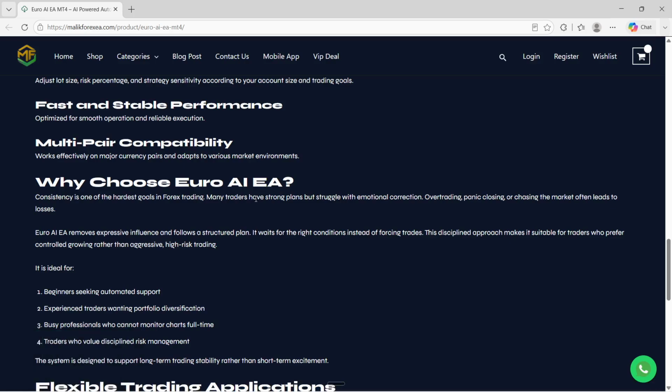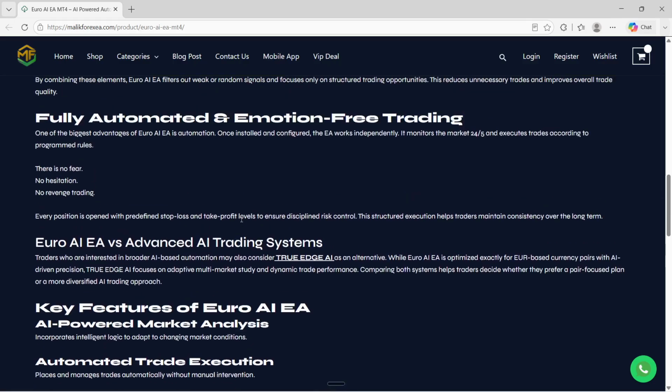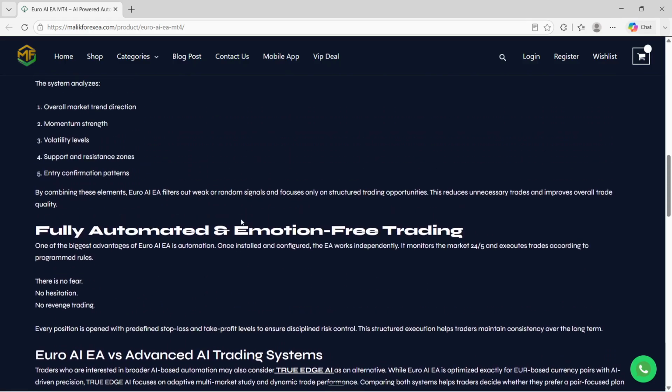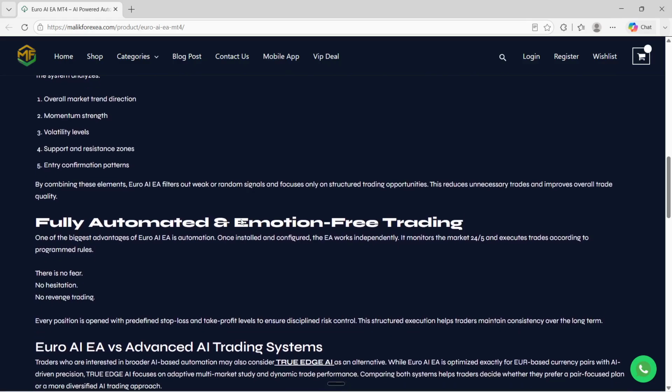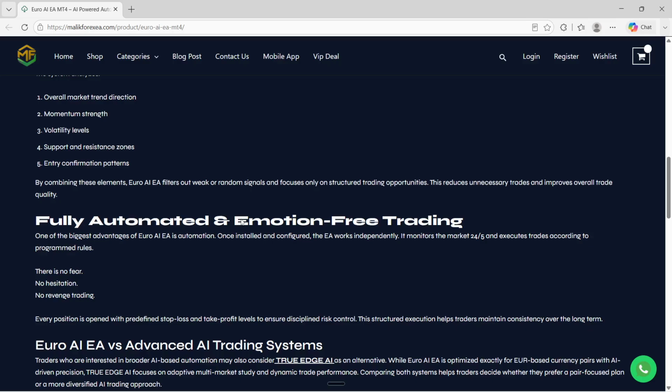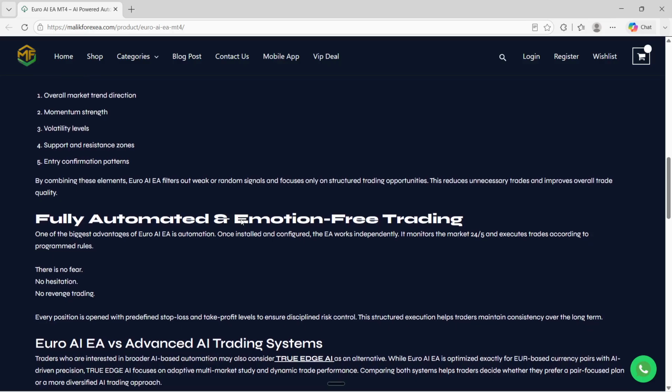If you want high frequency trading, multi-pair diversification, aggressive recovery methods, or constant market activity, you should probably avoid this EA. Beginners should still approach any automated system with caution and proper risk management.